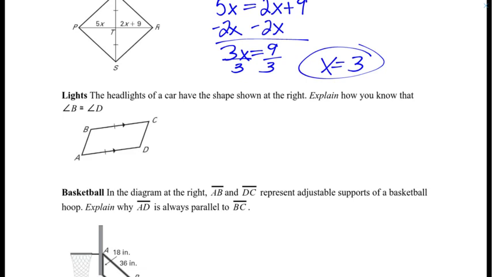If we look, we have a pair of sides. So we see that BC is congruent to AD. We also see, based on the notation, that BC is parallel to AD. So because that pair of sides is not only parallel but also congruent, we know that ABCD has to be a parallelogram.